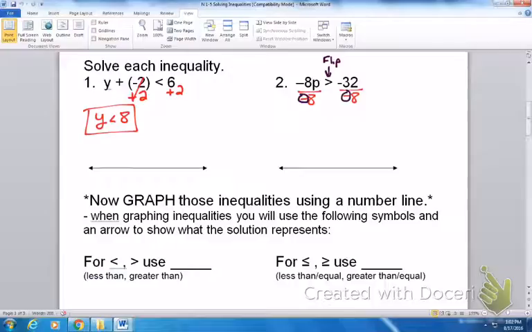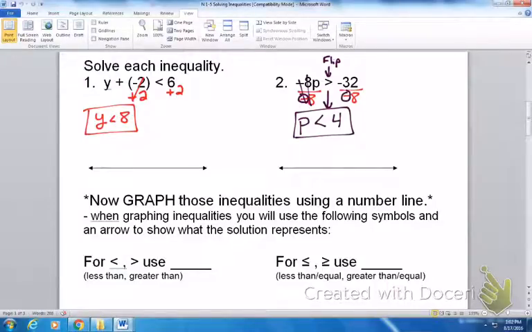So let's just do it like normal. The -8 divided by -8 goes away, so I have p. Since I divided by a negative, I'm going to flip it the other direction. That's all you got to do. -32 divided by -8 gives me 4. So I have p is less than 4.